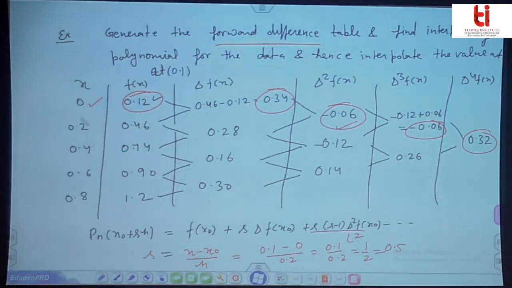As in this case, we have to compute the value at 0.1, which lies inside the forward part. Suppose we have to compute a value inside the interval from 0 to 0.4, we use the forward formula. If we have to compute a value from 0.4 to 0.8, that means it is below the middle point, so we compute the value with the help of the backward formula.